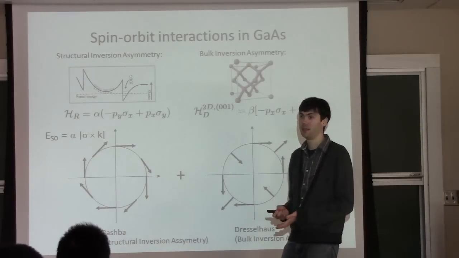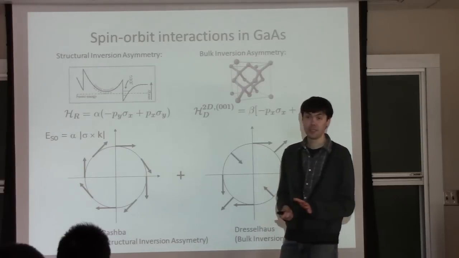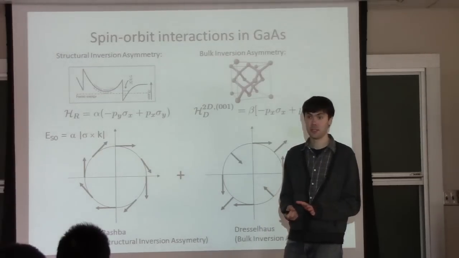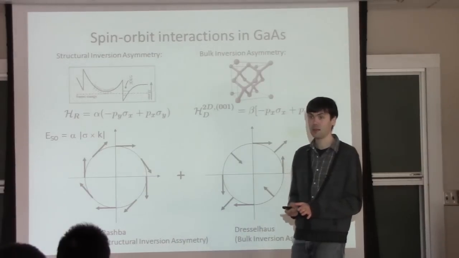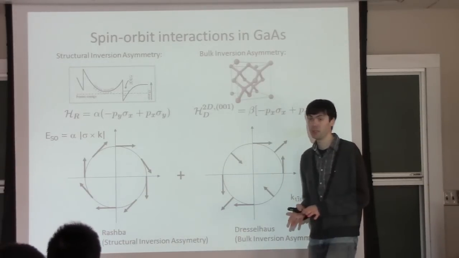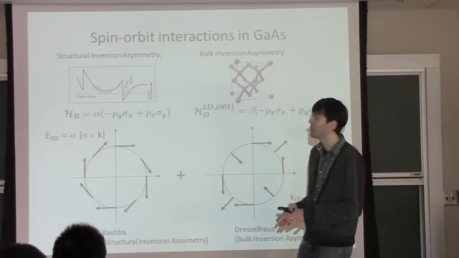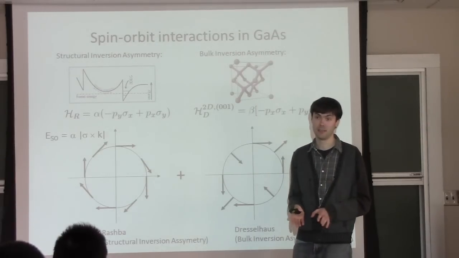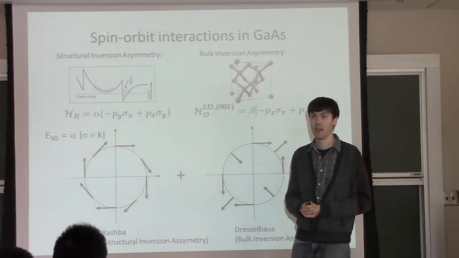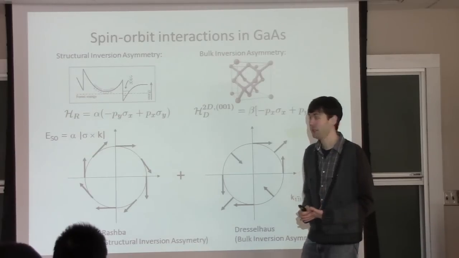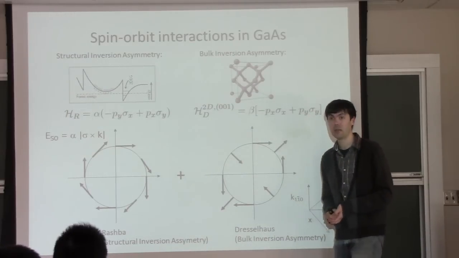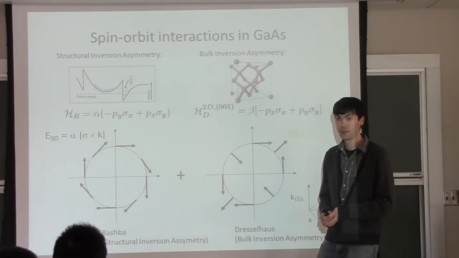an oxide 2DEG, there could be different reasons why spin-orbit interaction exists. We are going to discuss here just spin-orbit interaction in semiconductors like gallium arsenide. Just for consistency, spin-orbit interaction in these materials comes from the band structure.